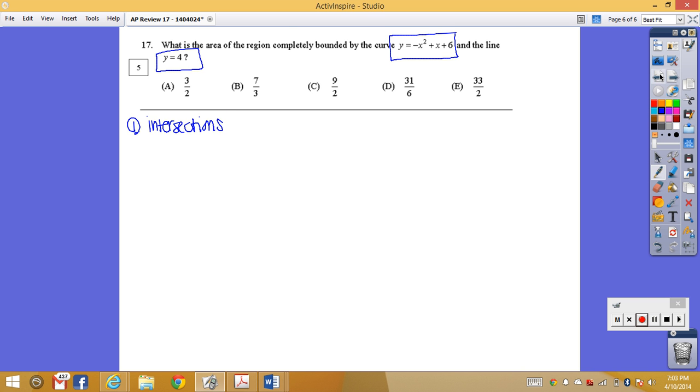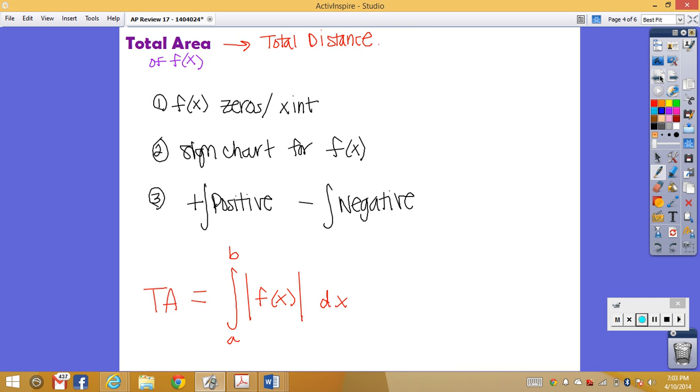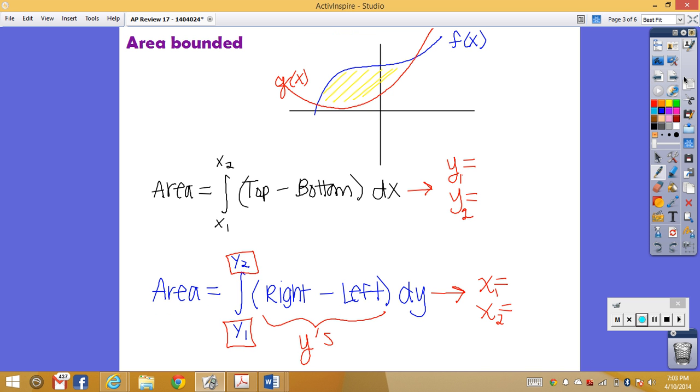And actually, let's even write that into the notes because I don't think I did. So area bounded, remember for these, if they just give you the two functions that are bounded. Bounded, that's my quick way of writing bounded.